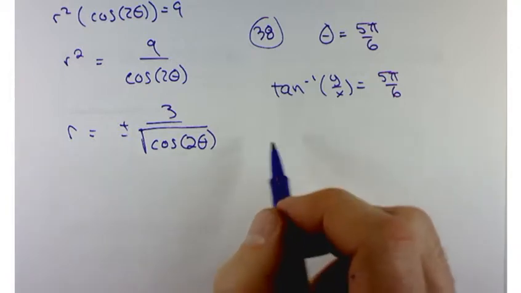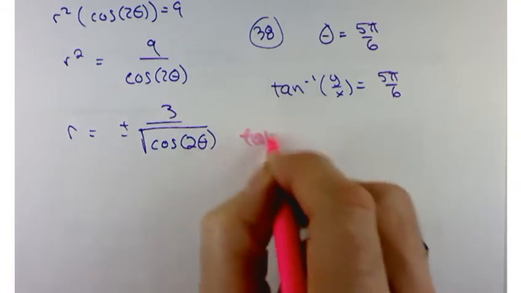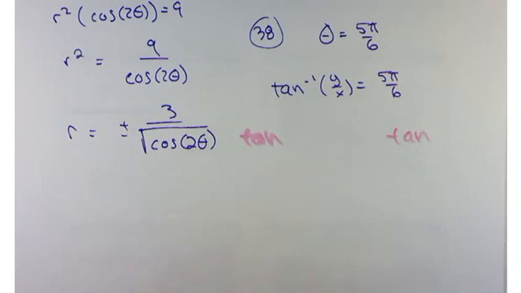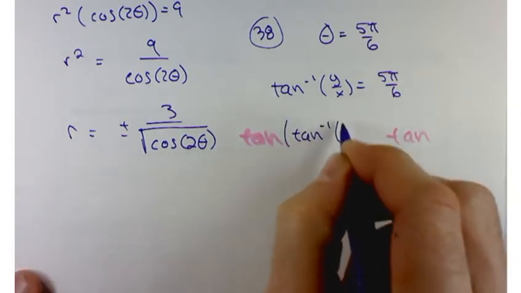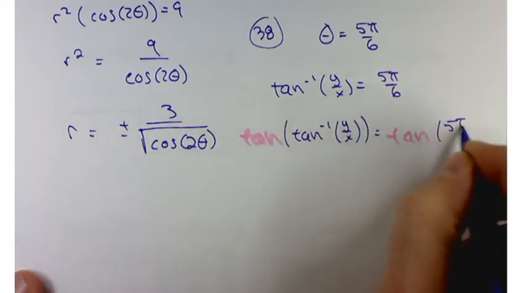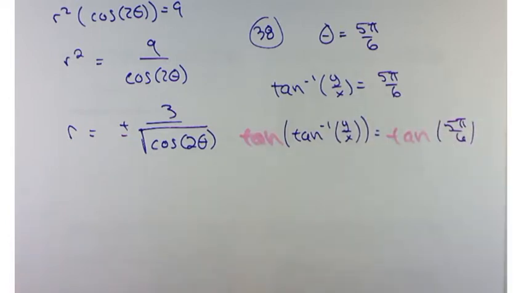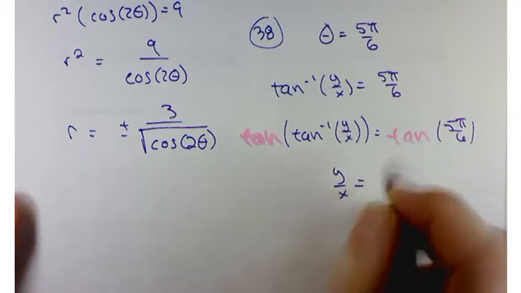Well, if I want to solve here, what I can do is take the tangent on both sides. So that it is the tangent of the tangent inverse of y over x equals the tangent of 5 pi over 6. Do I get any simplification here? Yeah, the tan and tan inverse cancel. All right, so that's going to give me y over x.